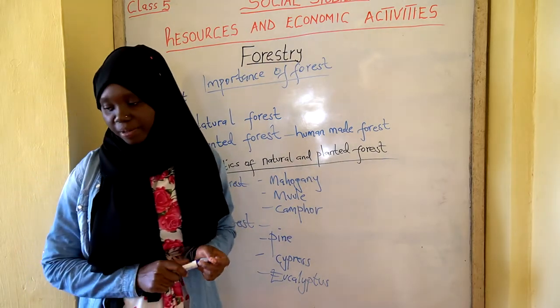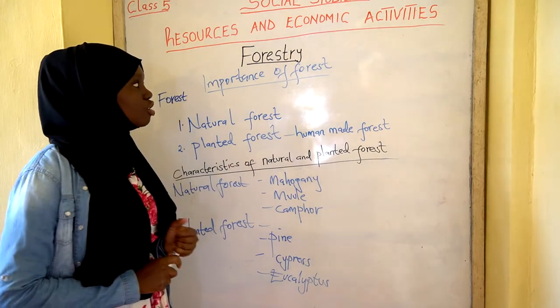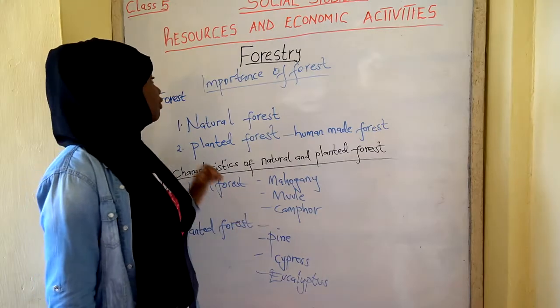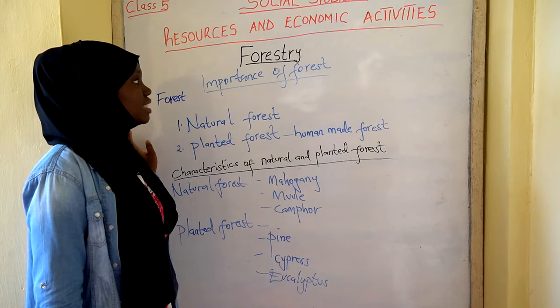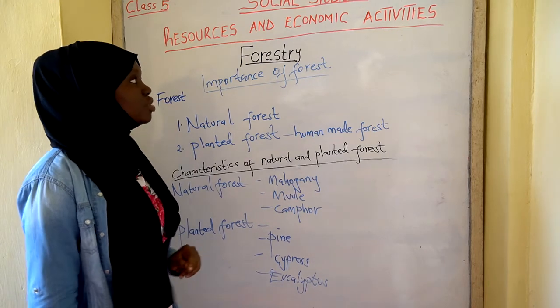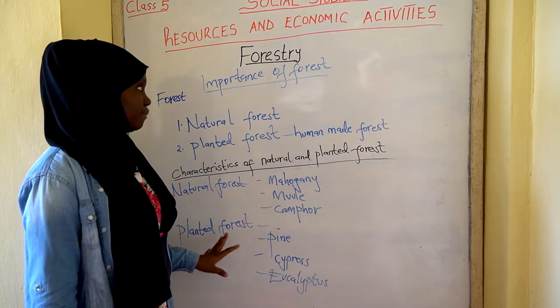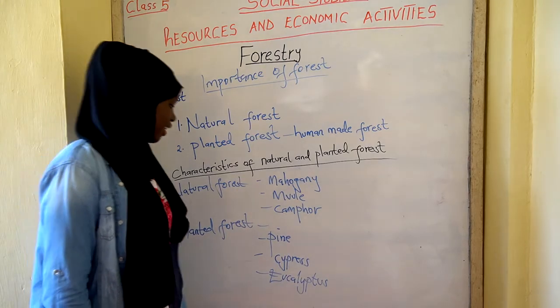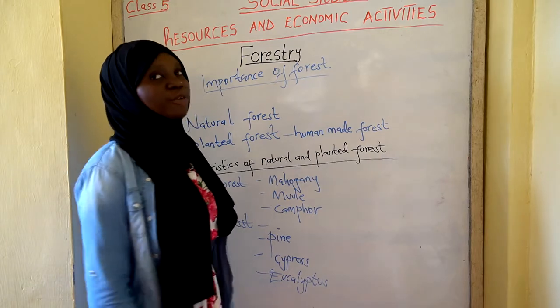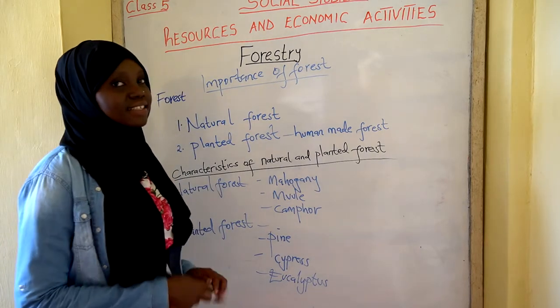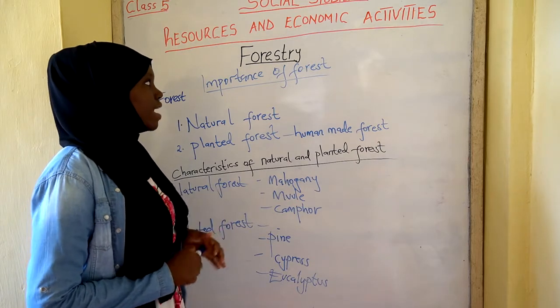The third point, they are a source of raw materials. From the forest we get logs, which are used in the paper industry and also for timber for making furniture. Also we get the poles that support the electricity and telephone wires.